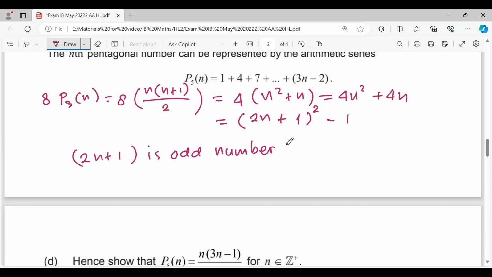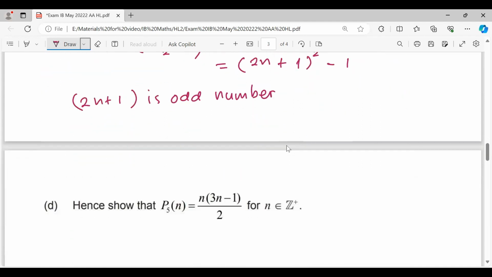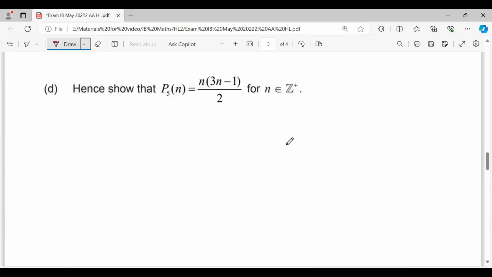Okay, next. This one C, and then D, so that P5n of n equals n times Pn minus 1 over 2 for n element of integers.